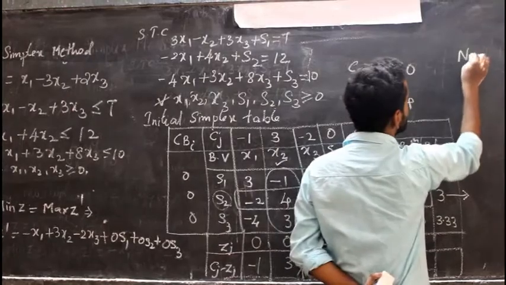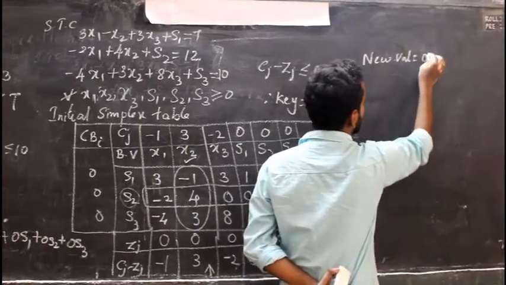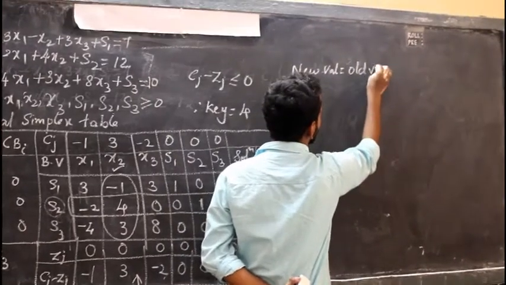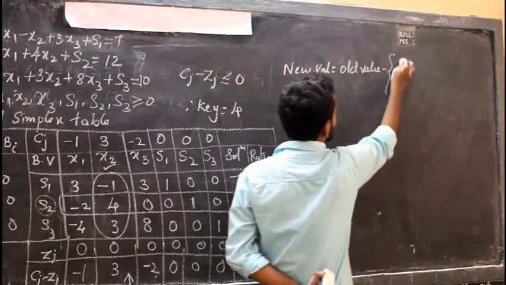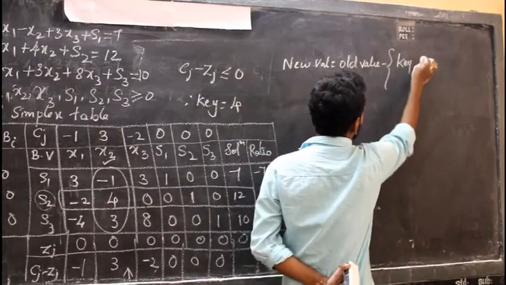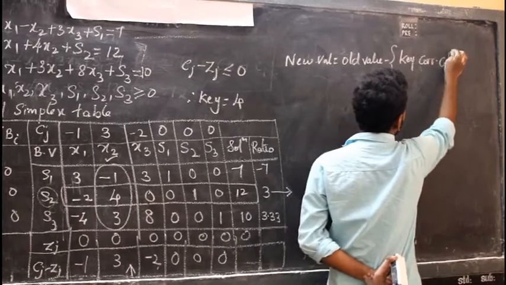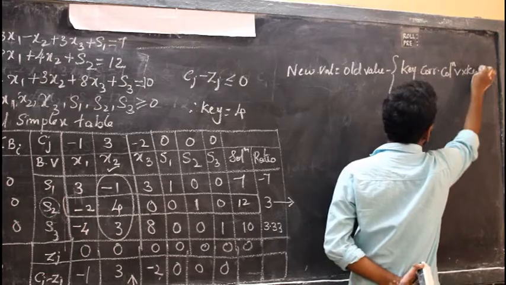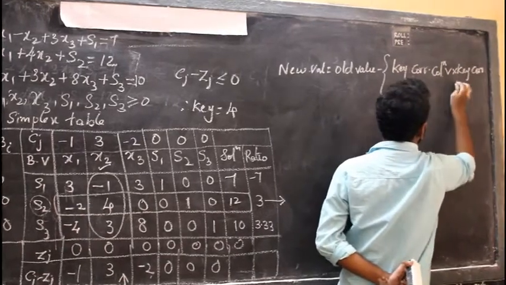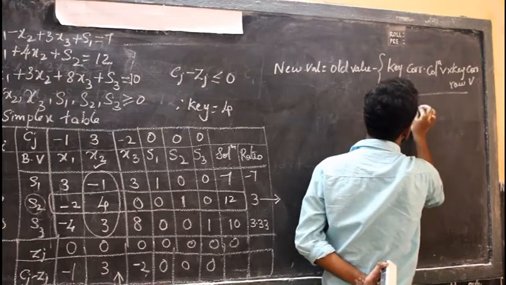New value equals old value minus key column value into key row value divided by key value.